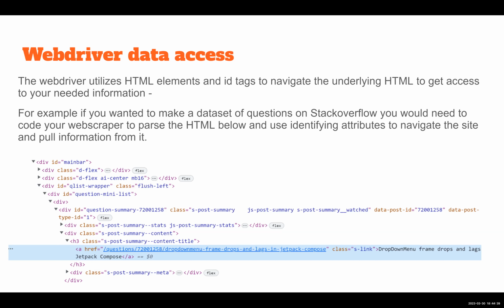So using specific classes that are provided, like class here, d-flex. D-flex is not a general class. It is a class that has been defined in the CSS of Stack Overflow in this case, which defines how the div is supposed to act.